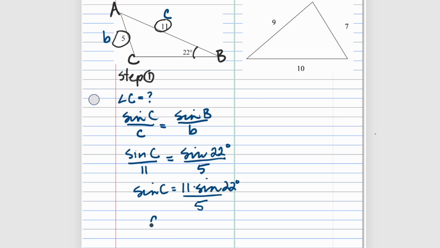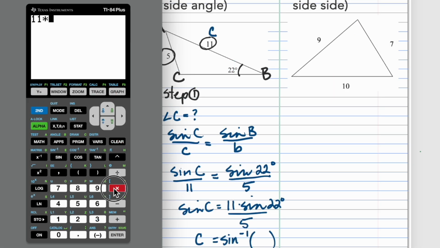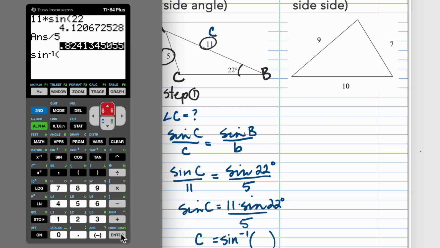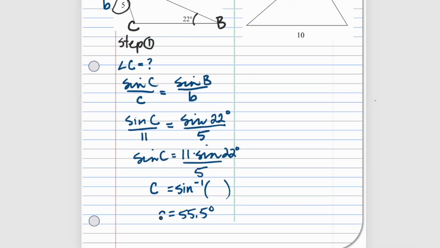That means that the angle measure is going to be the inverse sine of all of the above. 11 times sine 22 equals, divide by 5, and now take the inverse of that, and we get 55.5 degrees.